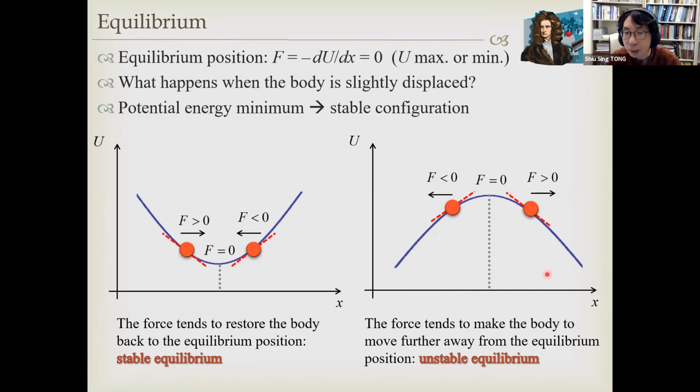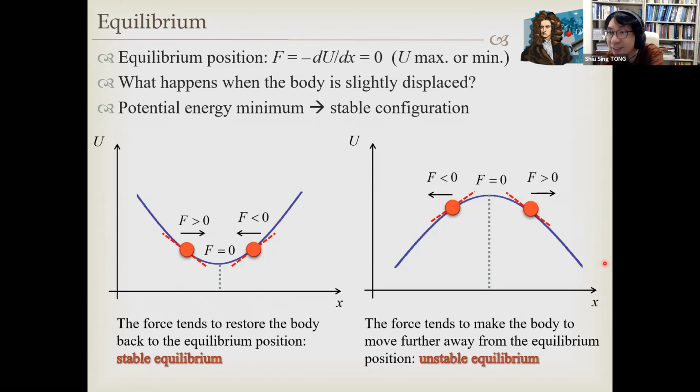Okay. Now, how about if the potential energy curve has a maximum here? So this is a maximum in the potential energy curve. At this point, F is 0, no force acting on the object. But when I slightly displace the object, you can see the slope is now negative when I displace to the right. And so the conservative force will be positive, meaning that the object will be further displaced from the equilibrium position.